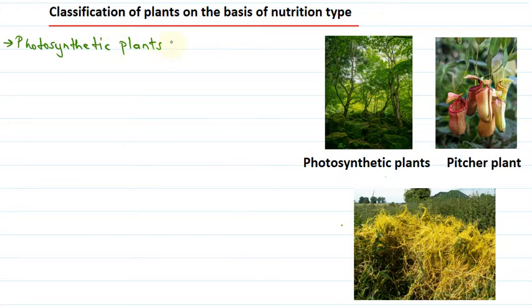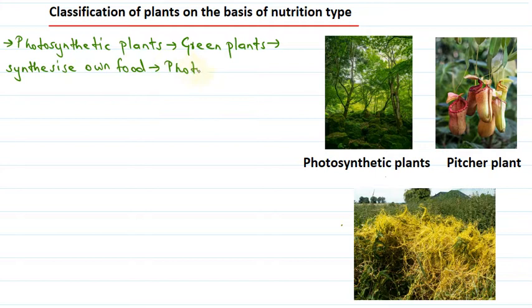Photosynthetic plants are green plants that synthesize or prepare their own food with the help of photosynthesis, the process by which these plants prepare their own food.